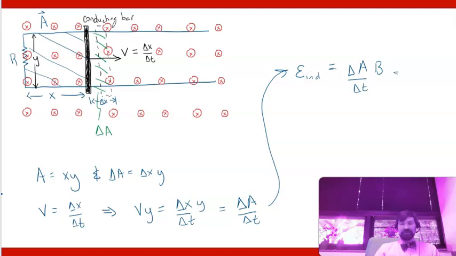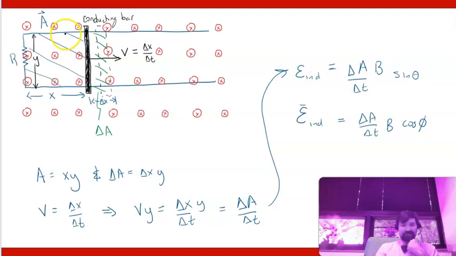And then we have that sine of theta. But since I've removed the velocity vector, we might instead use an area vector here. And so my induced EMF becomes delta A over delta T times B times cosine phi, where phi is the angle between the area vector and the field.